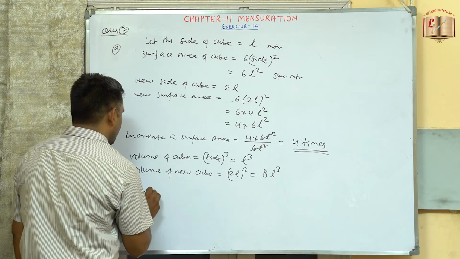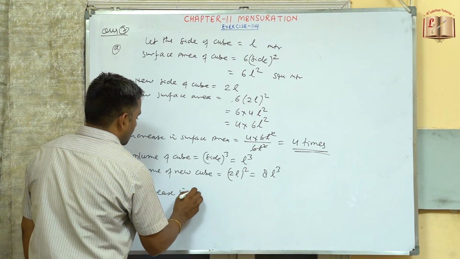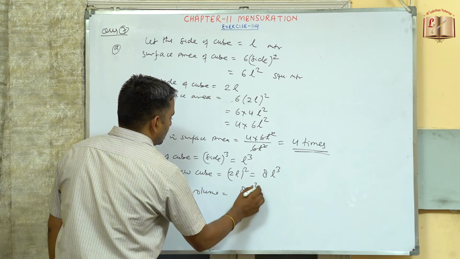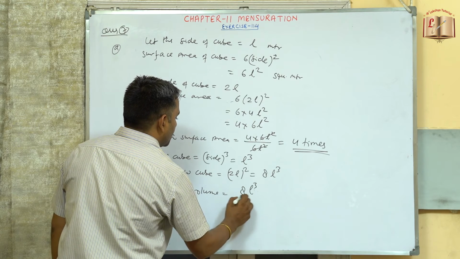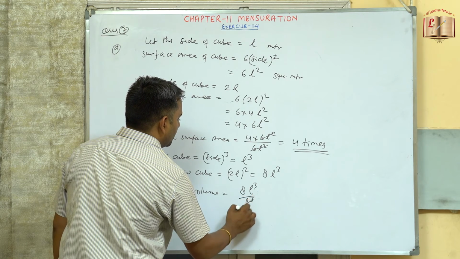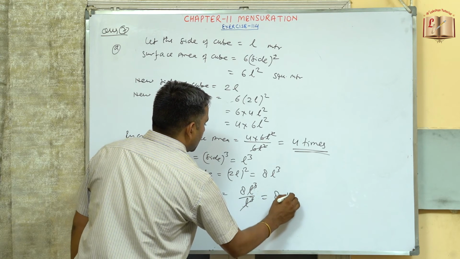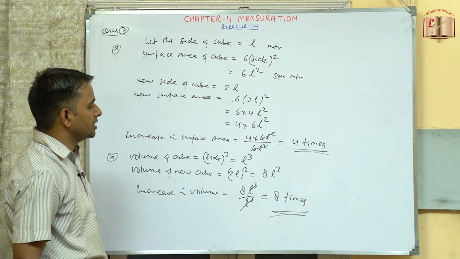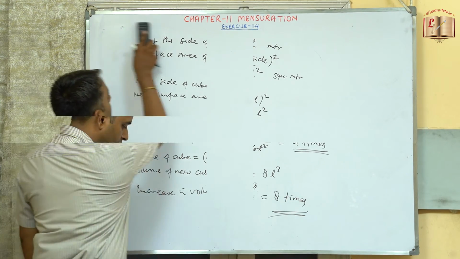So increase in volume will be the final volume 8L cube divided by the initial volume L cube, so this is now 8 times. So increase in volume is 8 times and increase in surface area is 4 times.